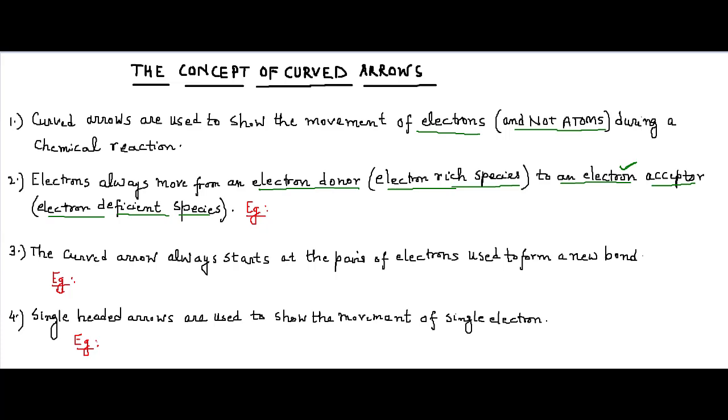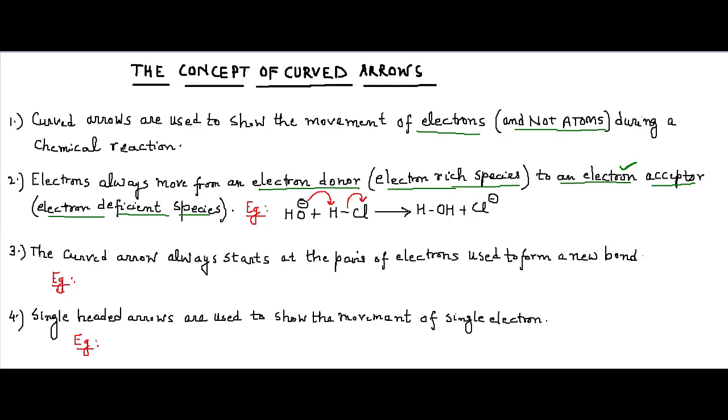We'll look into an example regarding this. This is OH negative plus HCl. There is a reaction happening, with the movement like this, and we get HOH plus Cl minus.